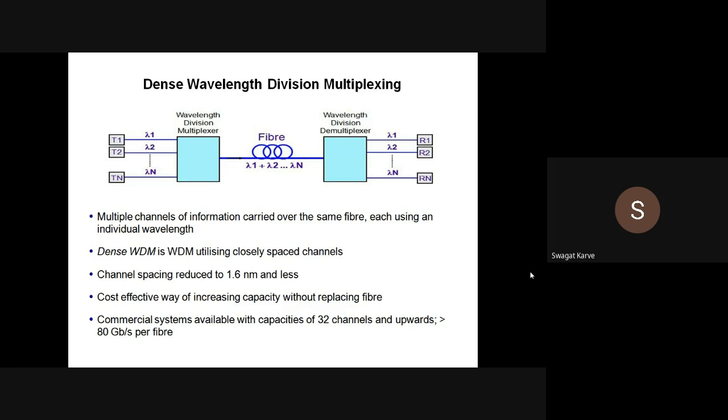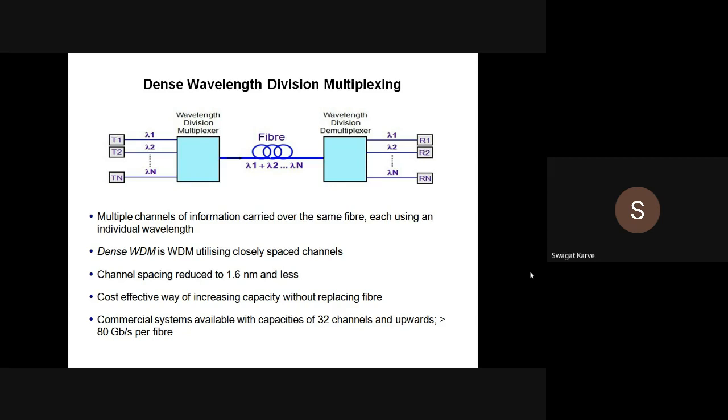Now you can see how DWDM is very efficient and useful. The technique is the same, you have to combine the channels and transmit, but what is the major difference between WDM and DWDM? The channel spacing is reduced in DWDM, and it is reduced to less than 1.6 nanometer, right?